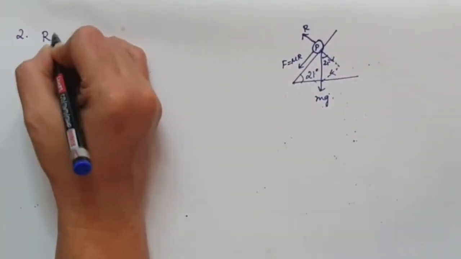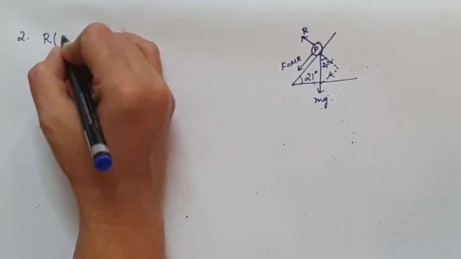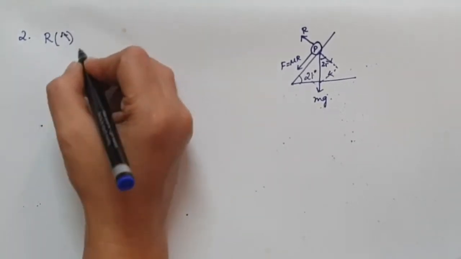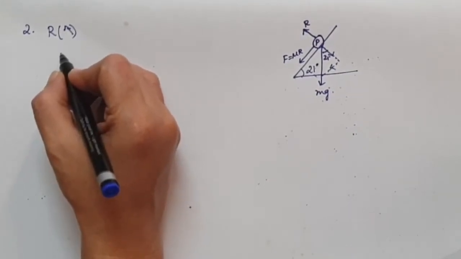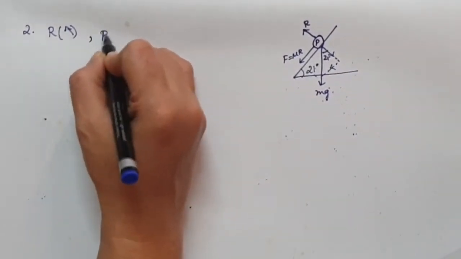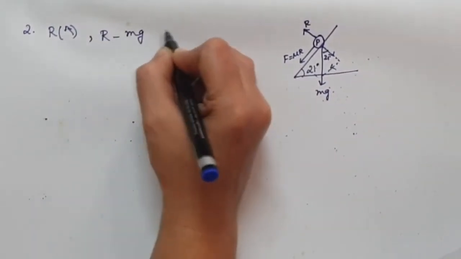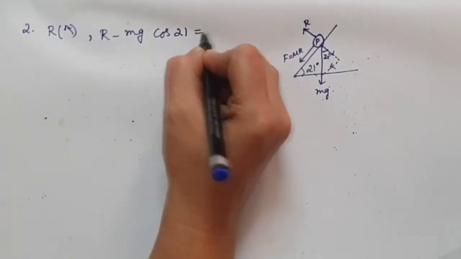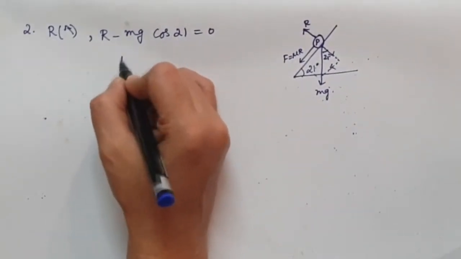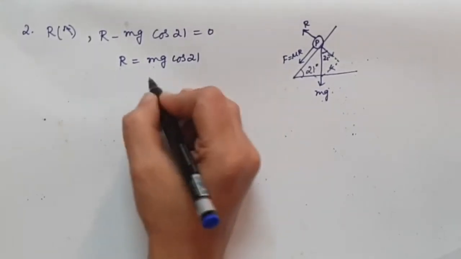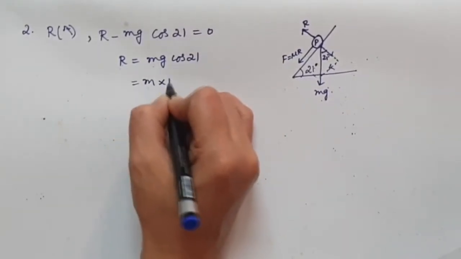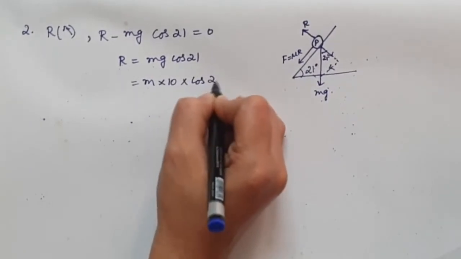Now we'll resolve all the forces perpendicular to the plane. It will be R minus mg cos 21 equal to 0. That is R equal to mg cos 21, that is m into 10 into cos 21.